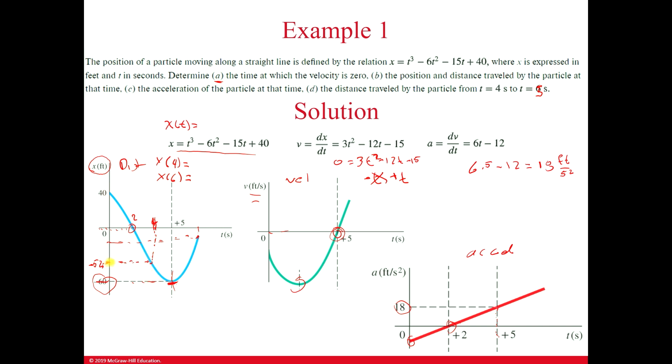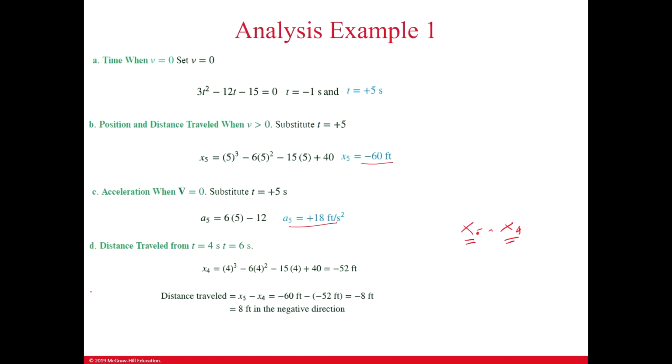But you can also do between any second. See, that's why it's instantaneous, because you just evaluate the function at any time. And you can have your distance. So in this case, the difference between x5 and x4 is negative 60 minus this one, minus 52. Okay, so negative 60 plus 52 is equal to negative 8 feet.